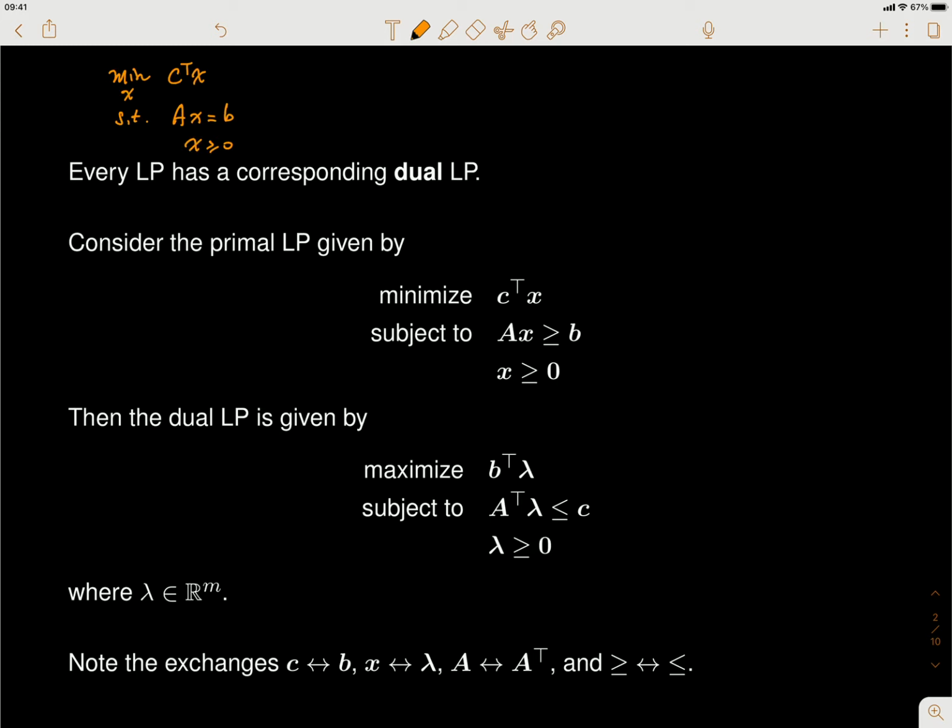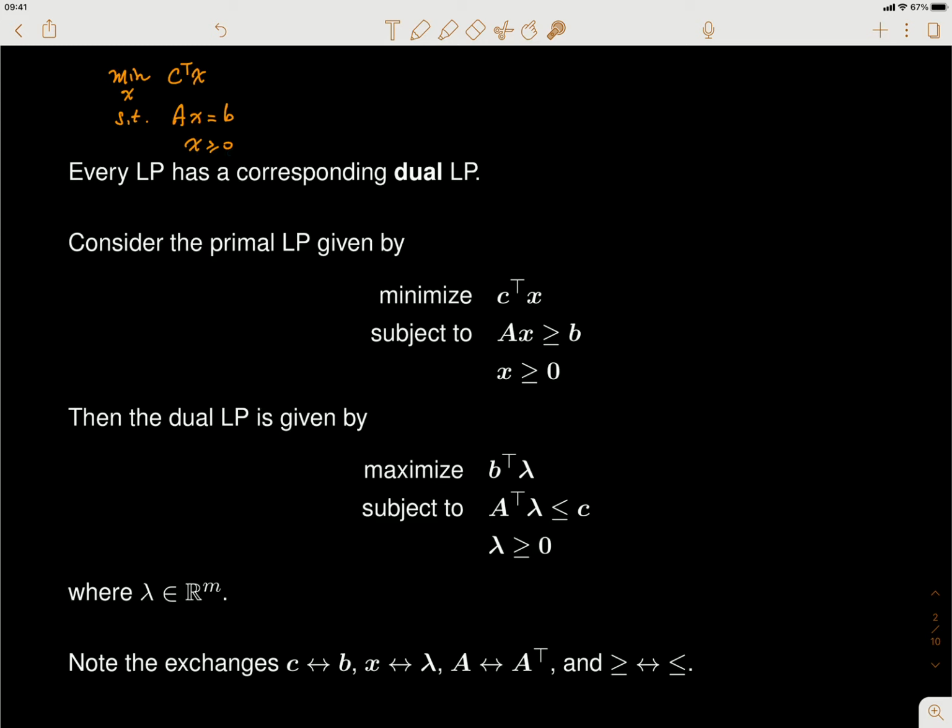Today we're going to consider a slightly different one. We change the equality constraint to an inequality constraint, and we're going to consider the original one later on.